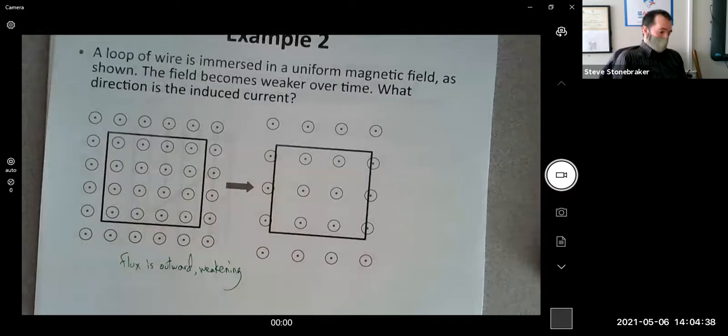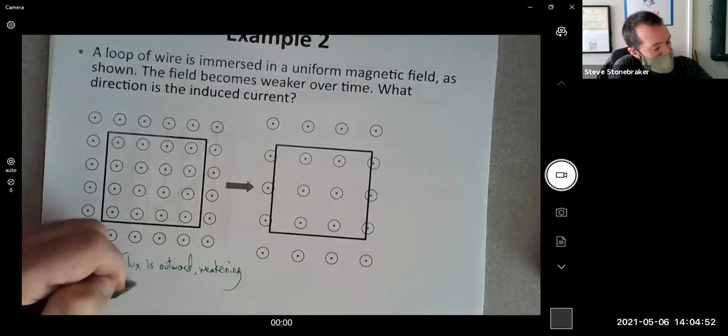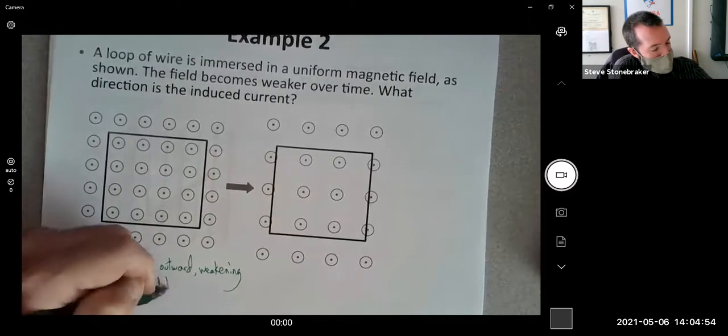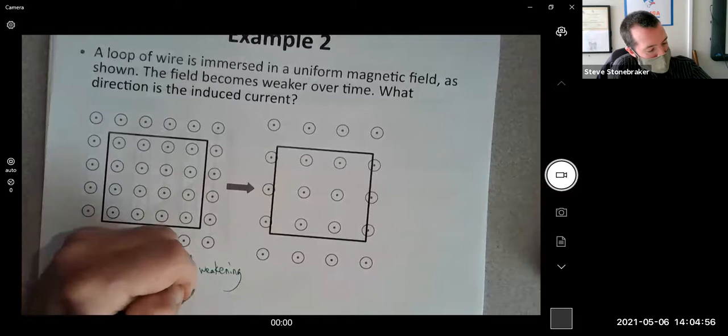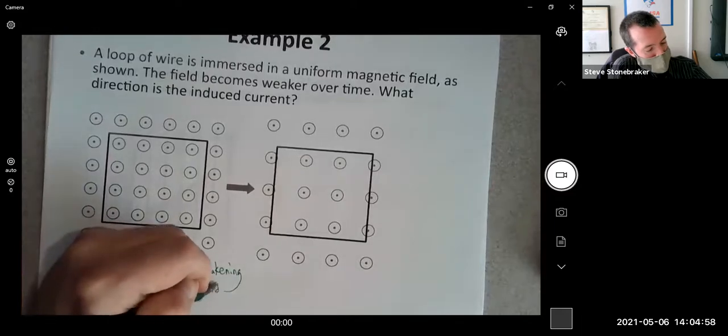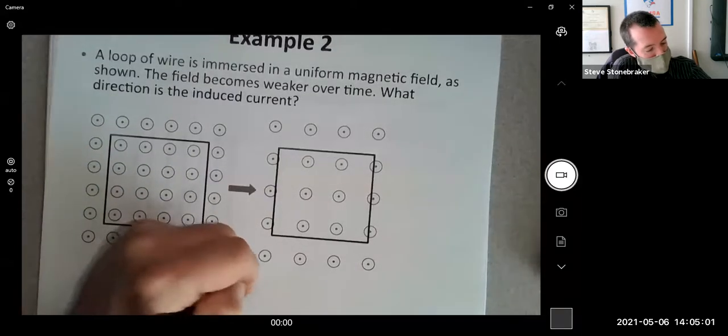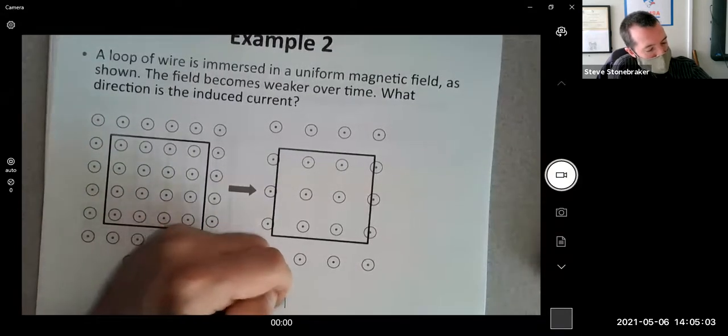So if my objective is to work in opposition to that change, I need to make more dots. I just lost a bunch of dots. I need to try to make dots to replace them. So I want to make dots or make outward flux in order to oppose that change.